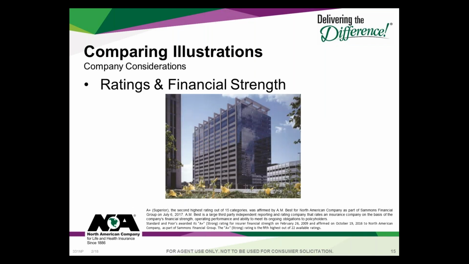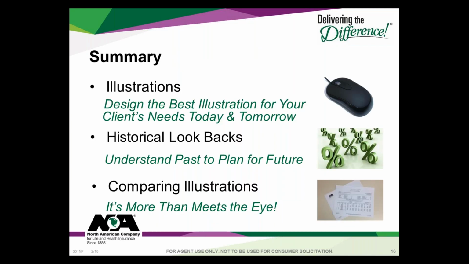And then, of course, the company. A+ ratings by AM Best and S&P. Strong company, a company I think that I hope you enjoy working with, and you can share that pride and enthusiasm with your customers.